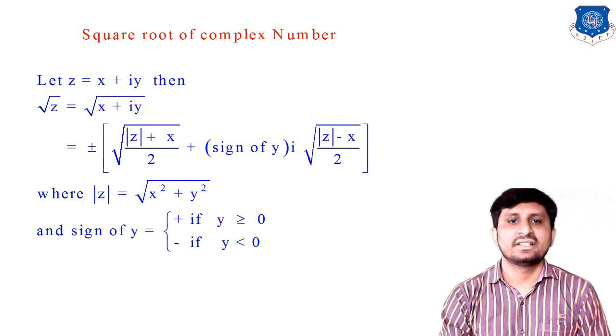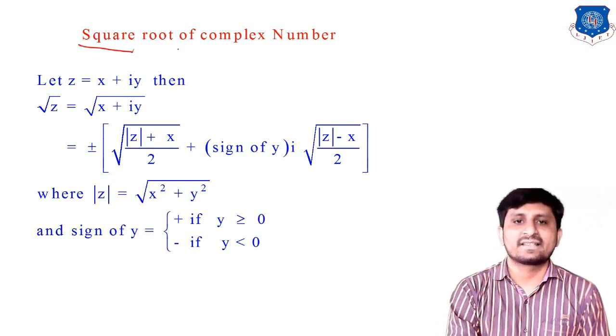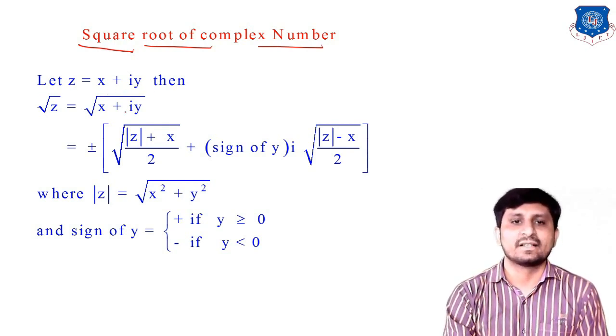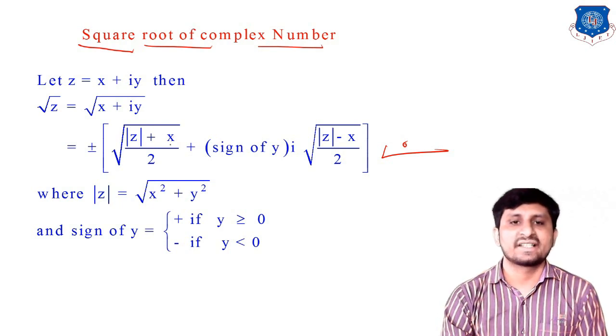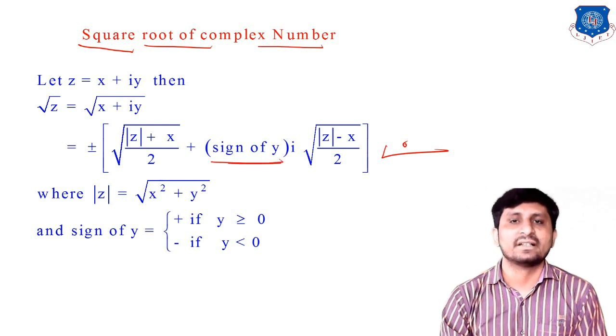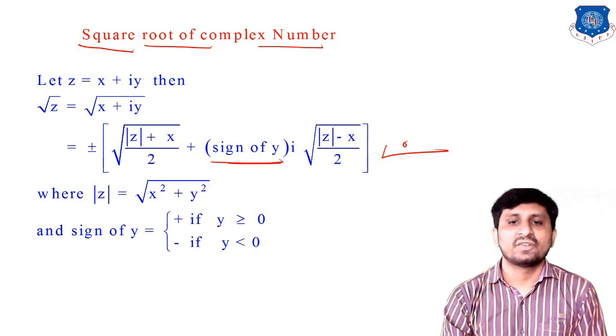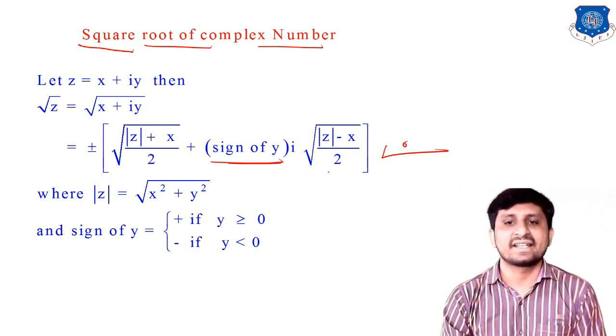So here you can see the square root of any complex number. If you want to find it, let z equal x plus iy be any complex number. Then the square root of z, that means the square root of x plus iy, is given by this very important formula that you have to remember: square root of (mod z plus x) divided by 2, plus sign of y, into i, square root of (mod z minus x) divided by 2.